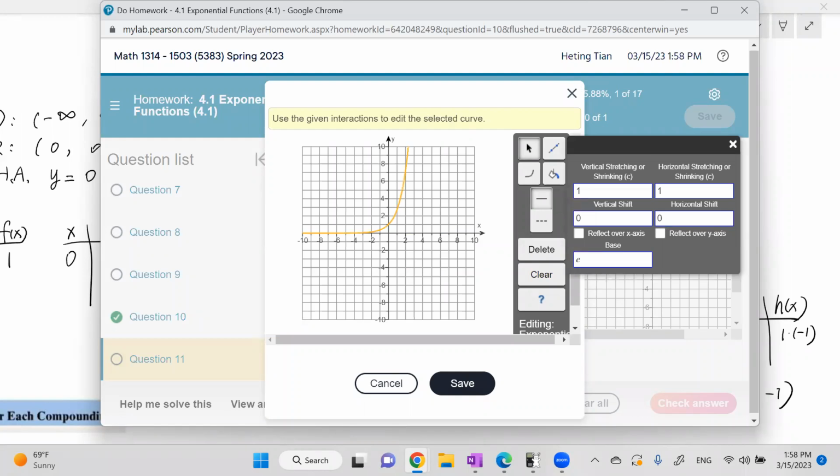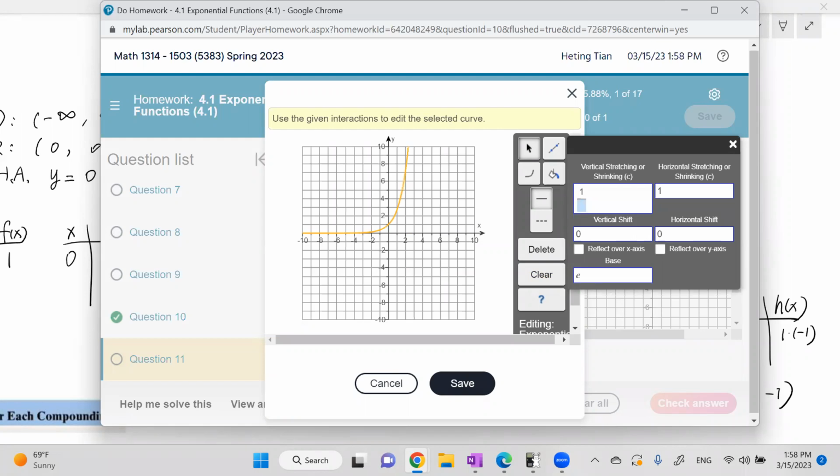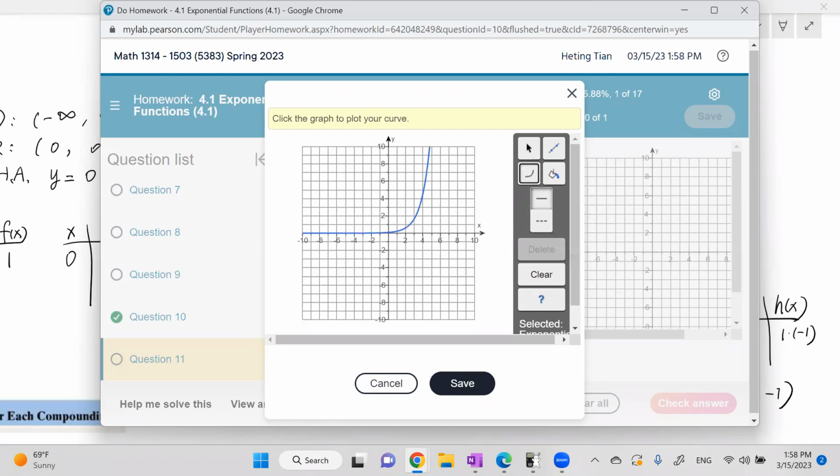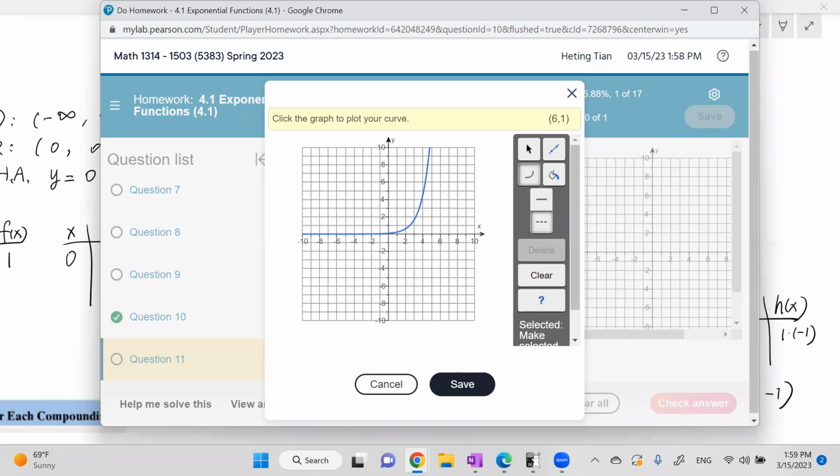The base is e, and vertically stretching or shrinking. Yes, shrinking by 1/2. Let's see. Yes. And then click the exponential tool again, make it blue, and we need a horizontal asymptote.